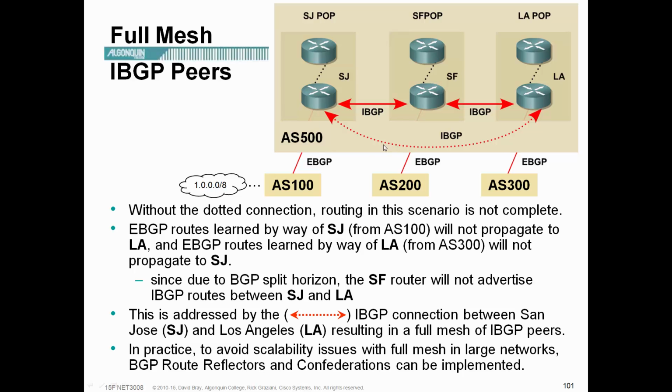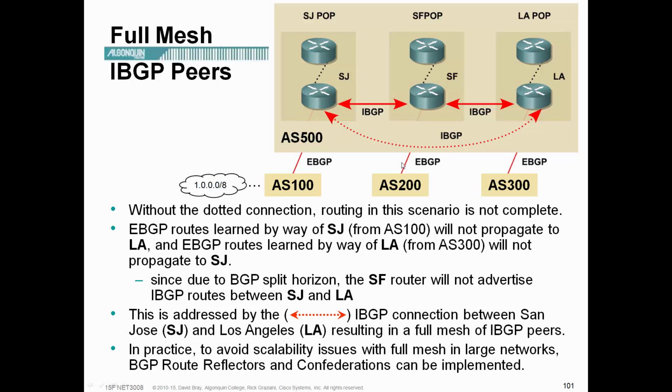In other words, without this extra dotted connection, BGP routing in this scenario would be incomplete, since the external routes learned here from SJ would not get over to LA due to split horizon.